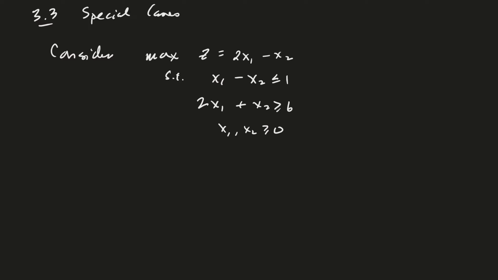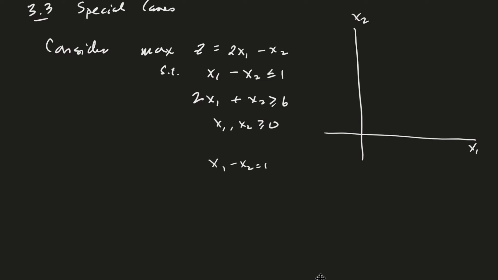Let's see here. I'm going to do a little sketch in the x1, x2 plane. I'm going to take a look at x1 - x2 = 1, and then 2x1 + x2 = 6.